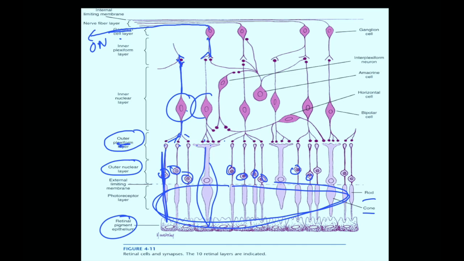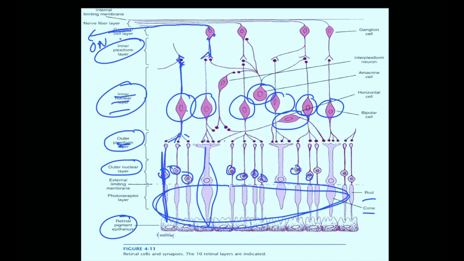The nuclei of the bipolar cells, and not just them, as I told previously, horizontal cells, amacrine cells, supporting cells, form the inner nuclear layer. And just above that, the plexus or connections between the bipolar cells and the ganglion cells form the inner plexiform layer. The neurons of the ganglion cells form the nerve fiber layer, which in turn forms the optic nerve. So these are the layers of retina and what actually constitutes them.